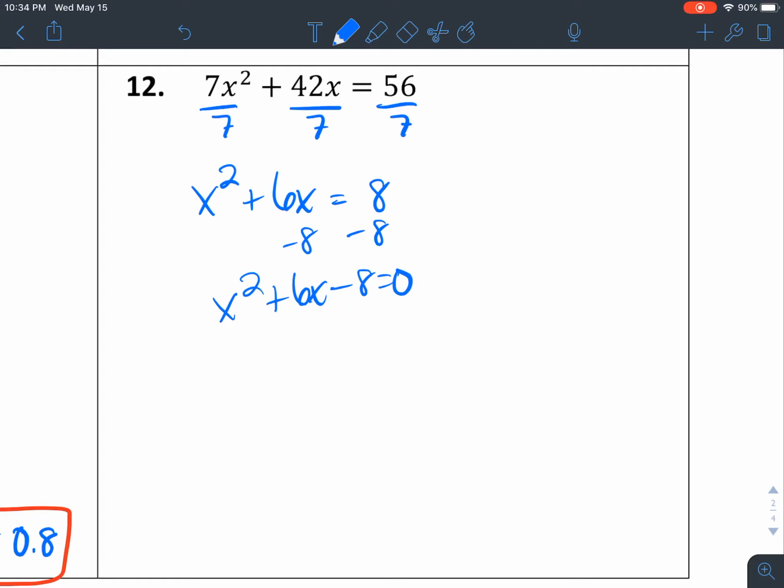So I'm trying to figure out what two numbers multiply together to be -8, but add up to a positive 6. And after thinking for a little bit, you should be on the brink of giving up and thinking that you're absolutely wrong. But that's not the case. There are no two numbers that multiply together to be -8, but add up to a positive 6.